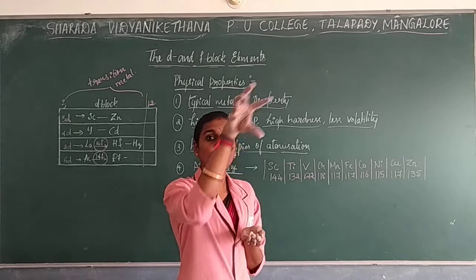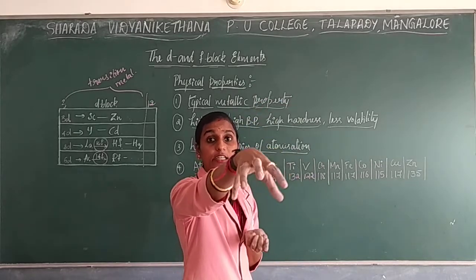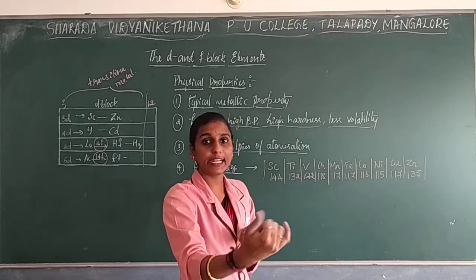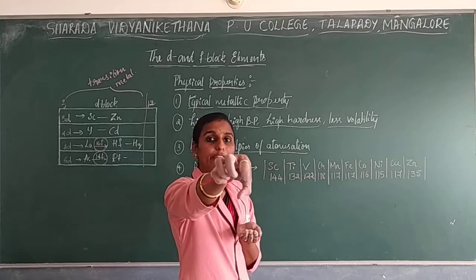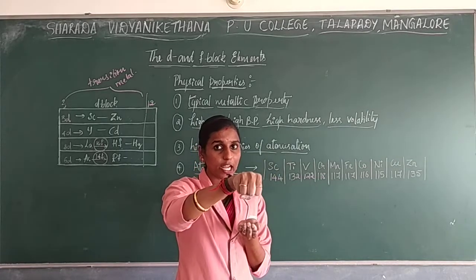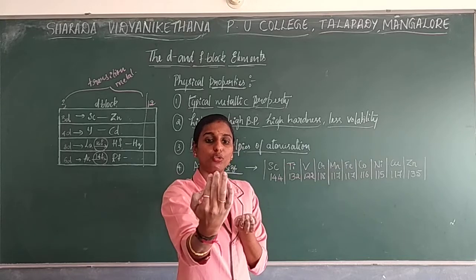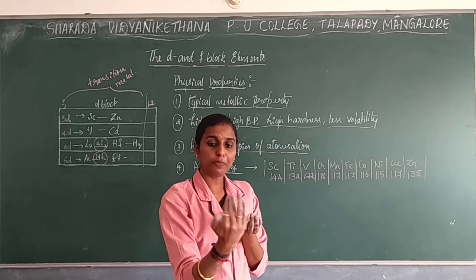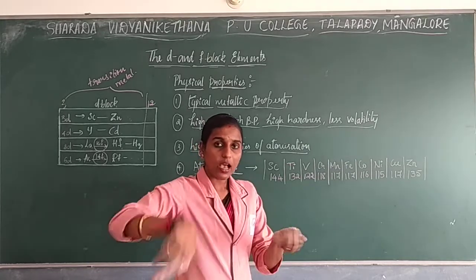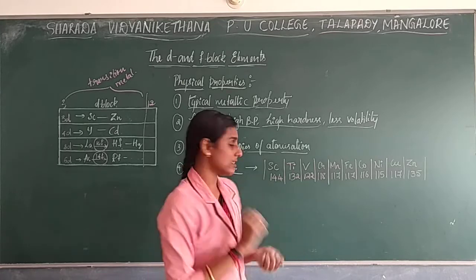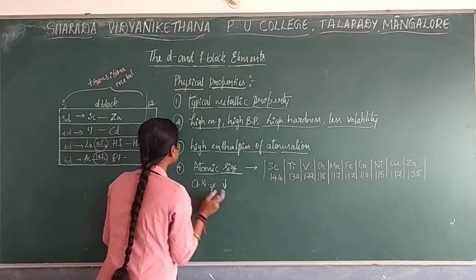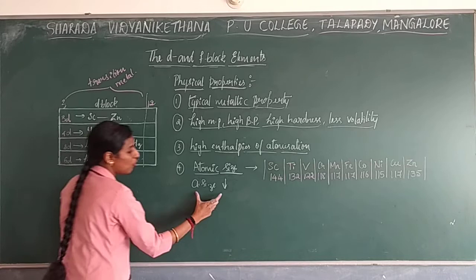The force of attraction of the nucleus on the newly added electron becomes more, so it holds that electron and pulls it towards itself, towards the center. By that, the size of the atom will decrease. That's why atomic size goes on decreasing as you move along the period.